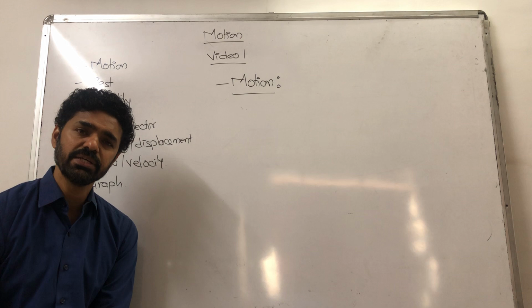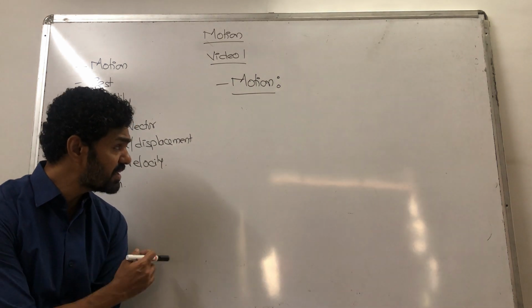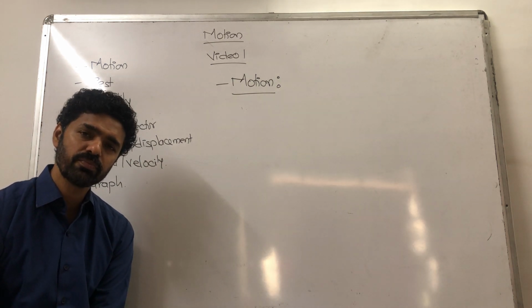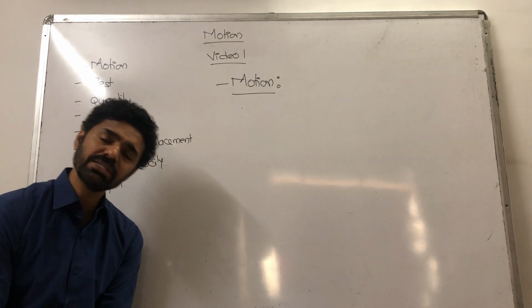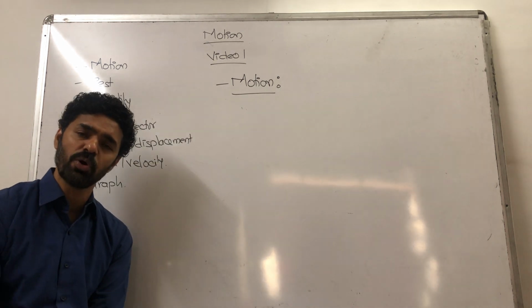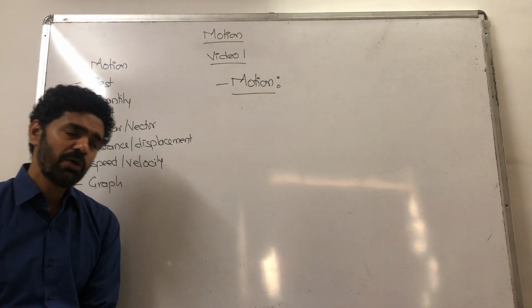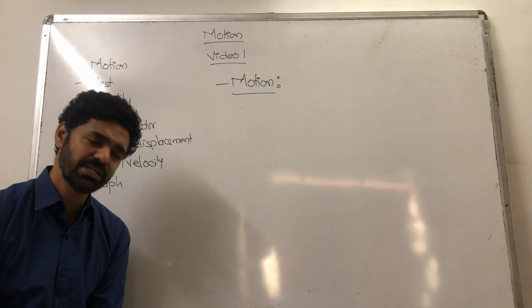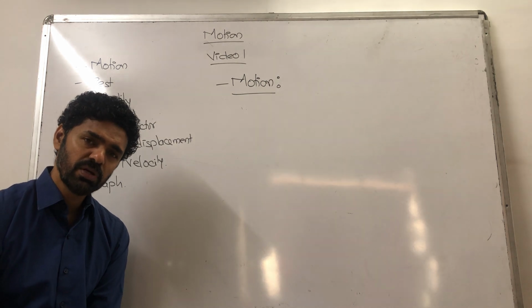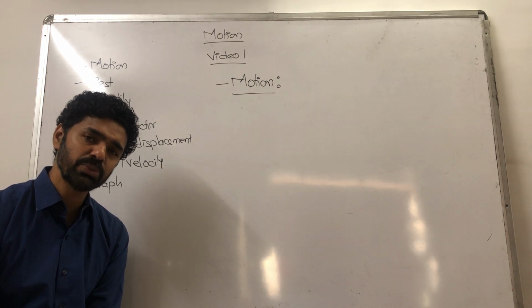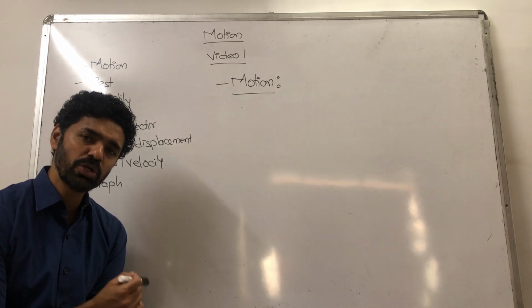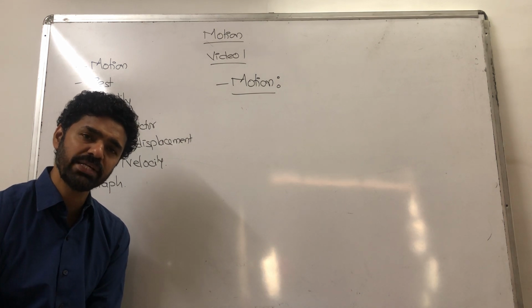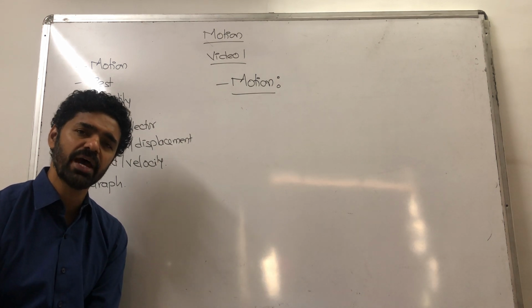Right now when I am sitting here, I am at a certain distance from this whiteboard. Taking the whiteboard as the reference point or the fixed point. Now with respect to time, I notice my distance from the whiteboard does not change, it remains the same. Now my distance with respect to this fixed point or this reference point is not changing with respect to the change in time.